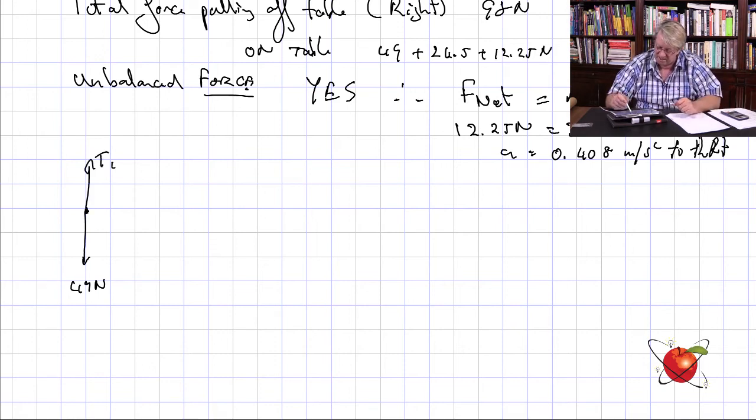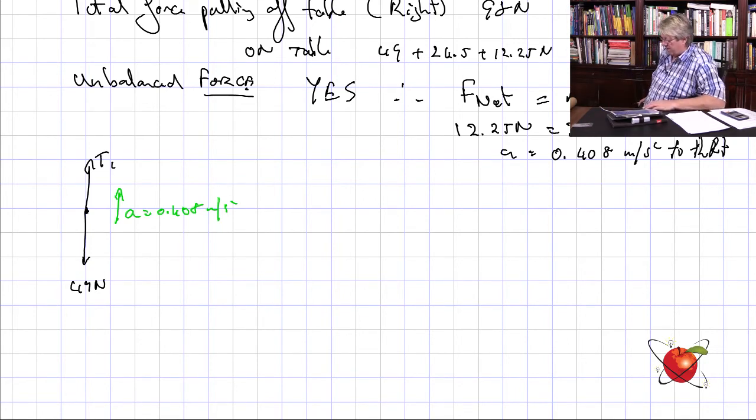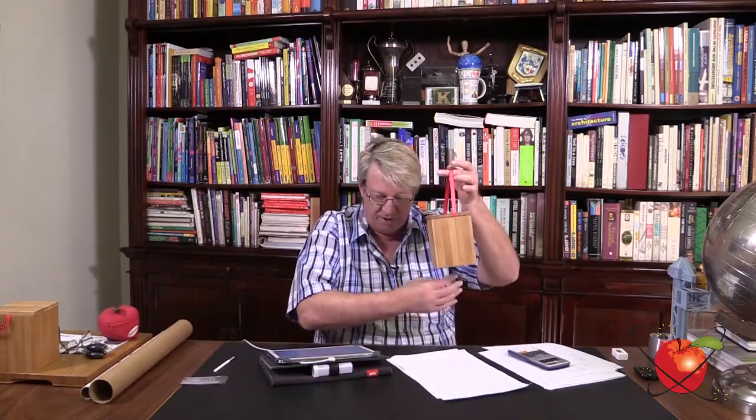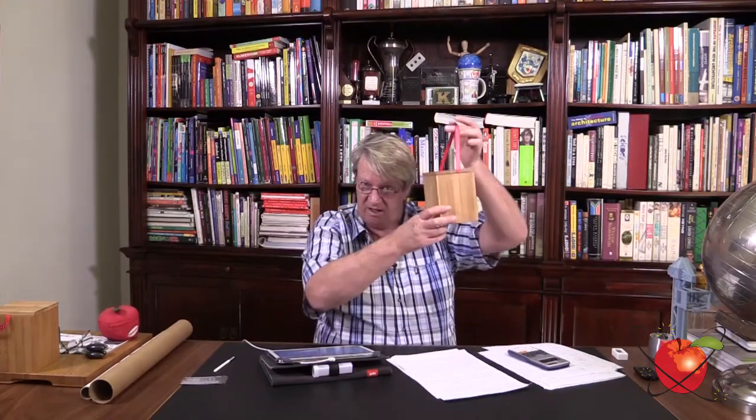That is the force on that side. But this one is going up at acceleration 0.408 meters per second squared. So what does it mean? It means that this tension up is more than the weight down because it's going up, isn't it?